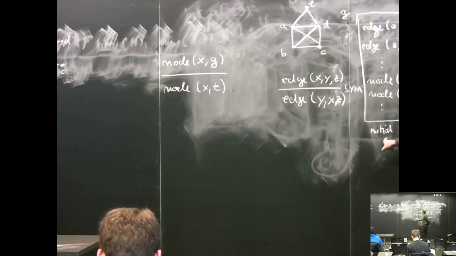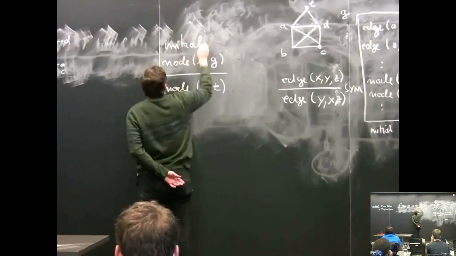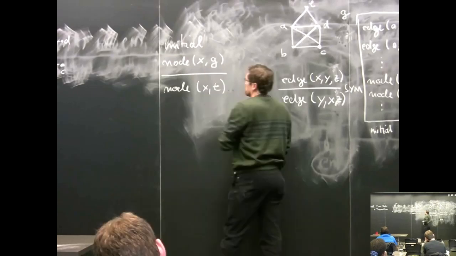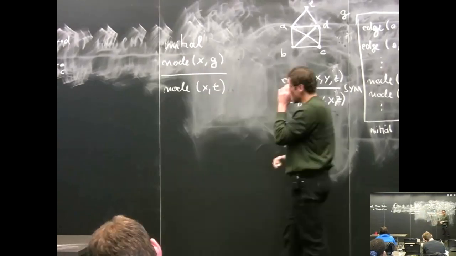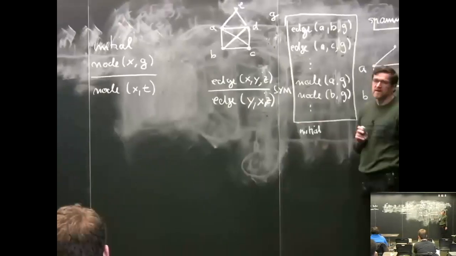And over here we consume that as part of doing that. So this has two premises, initial and node X in G, and we add node X in T to our database. And because we consume that, that rule cannot fire again.